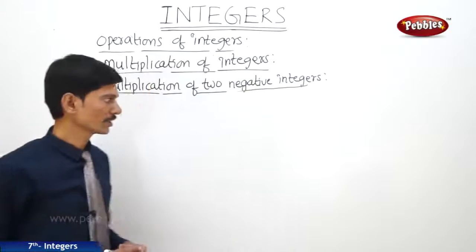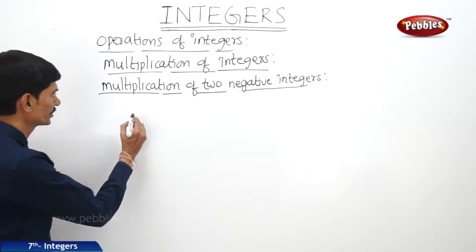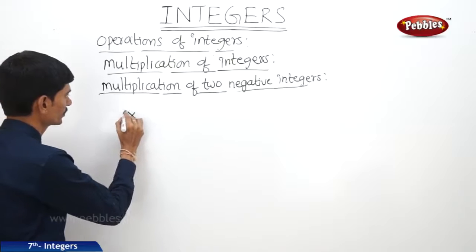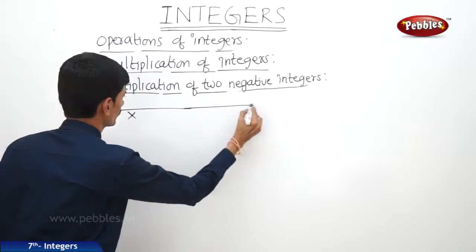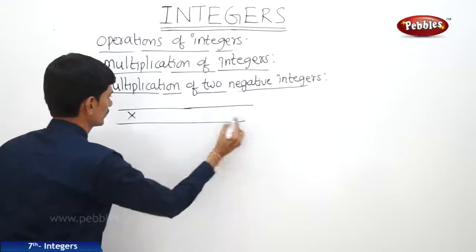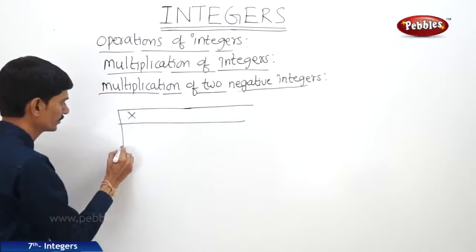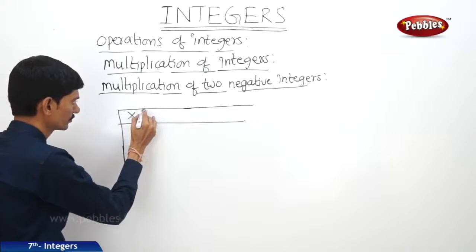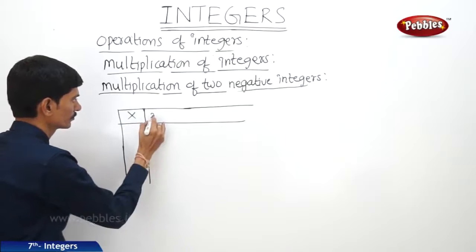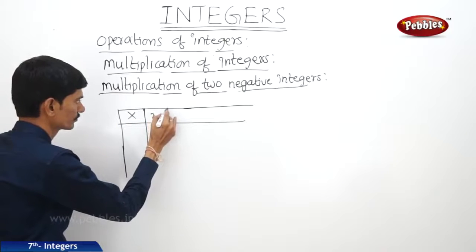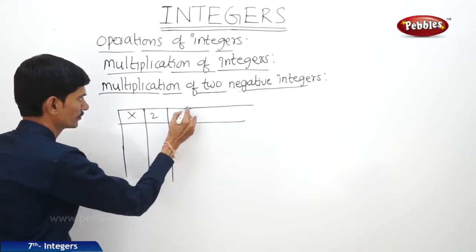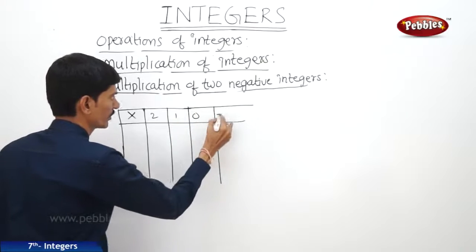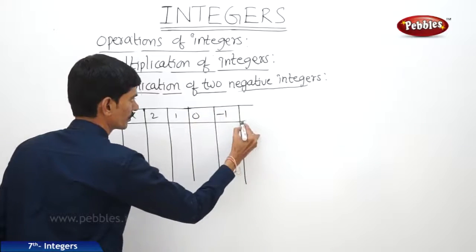Now let us see the multiplication case in the following grid. So in the grid we take the multiplication operation and we take the positive integers, negative integers, and including 0: 2, 1, 0, then minus 1 and minus 2.